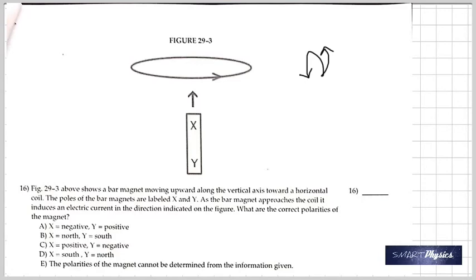The next one is again a conceptual question. Now in this case the bar magnet is moving up along the vertical axis, and as the magnet approaches the coil, it induces an electric current in the direction indicated. Okay, so if it's a clockwise, no, that's a counterclockwise current. If it's a counterclockwise current, that is like the North Pole.